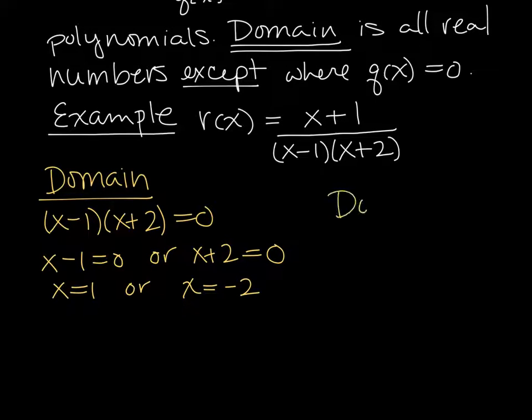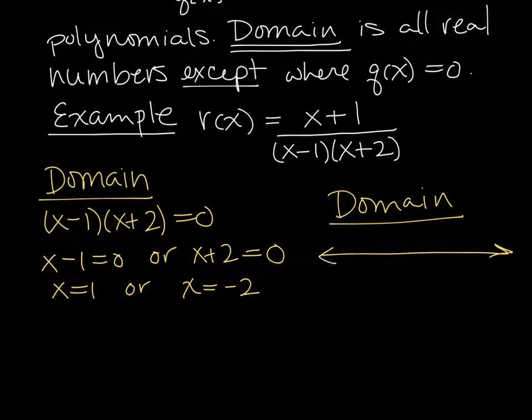Therefore, the domain, if we write it in interval notation, you can think of it being all real numbers. Here's negative 2, negative 1, 0, 1, 2, except there's a hole right here, and there's a hole right here. And so it's all real numbers in between.